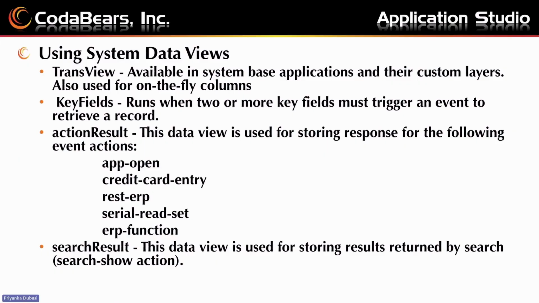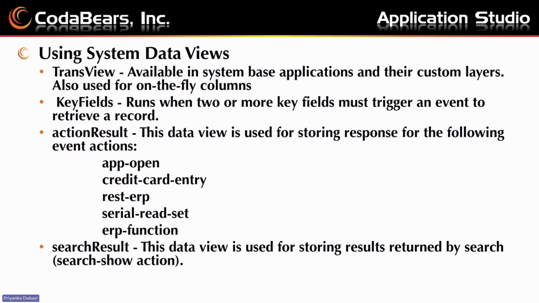That's all. And then you have your key fields. Key fields is also one of the system data views that you pretty much have on all your forms. Action result is something where, let's say you're using a function, and you're not really returning back a data set, but just a couple of fields from that function.